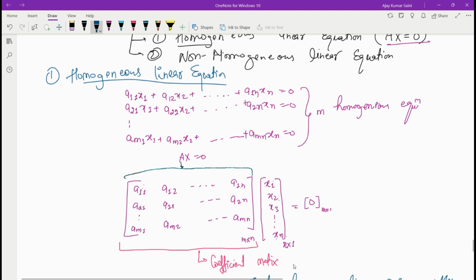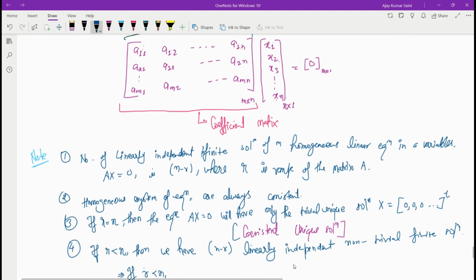The second type is the non-homogeneous linear equation.